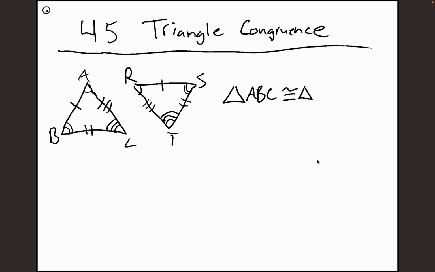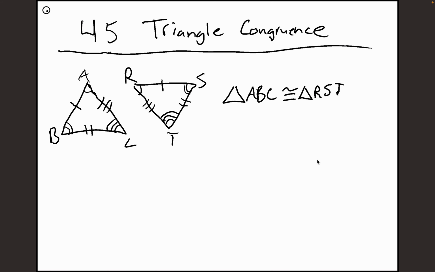Now, if A is the first letter, what angle do we say is congruent to A? R. So R will be my first letter. B is our second letter. What angle is congruent to B? S. So what does that leave us with? T.